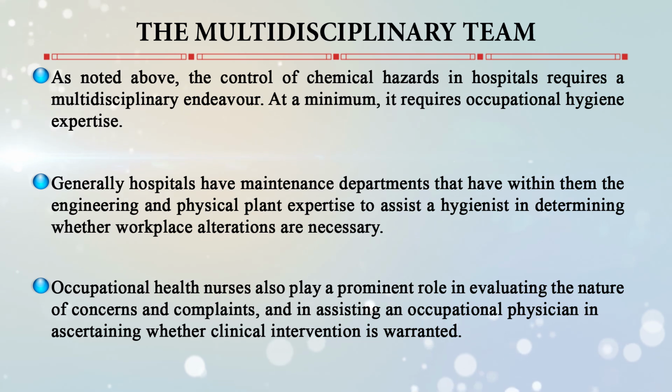Occupational health nurses also play a prominent role in evaluating the nature of concerns and complaints, and in assisting an occupational physician in ascertaining whether clinical intervention is warranted or not.